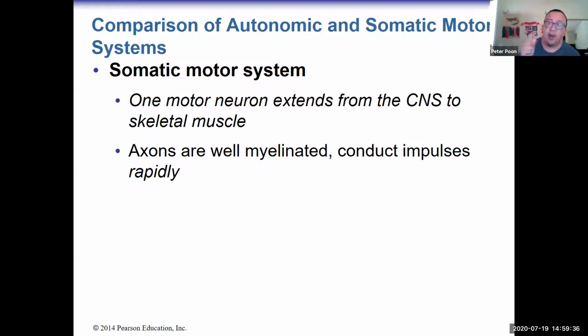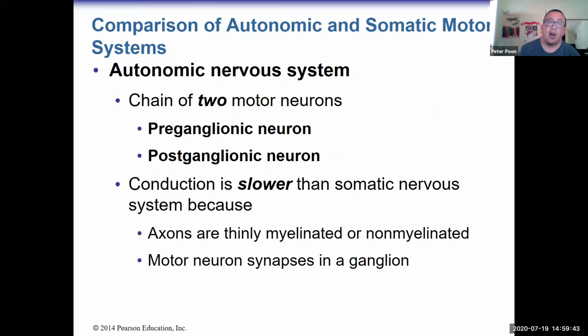The axons are well myelinated, which means they conduct the signal very quickly and very efficiently. The autonomic nervous system is a chain of two motor neurons, so there's already a gap. That's two neurons, so that takes time. So it is slower, and also the axons are thinly myelinated, so they're not quite as well myelinated, so they're slower.